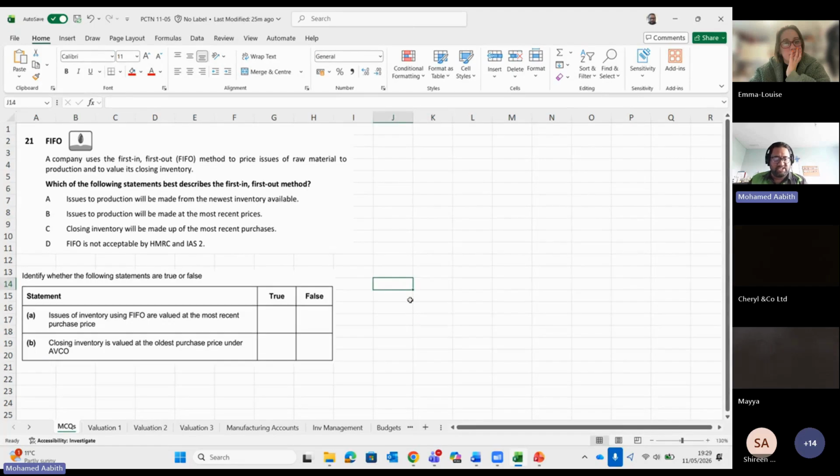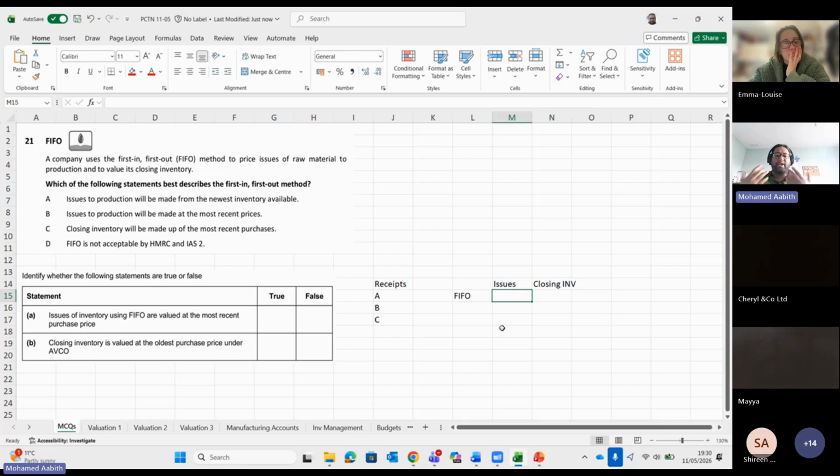So I will say, these are my issues, so receipts A, B, C. In this order, they are the ones we are going to receive. If I use a certain method, for example FIFO, I'll have issues and closing inventory. I'll write it down that way.